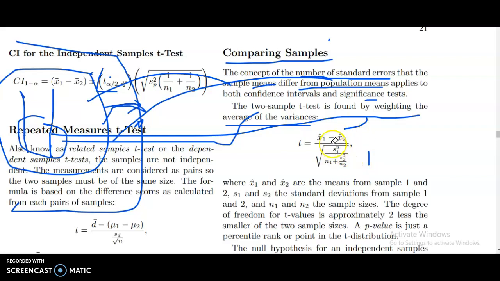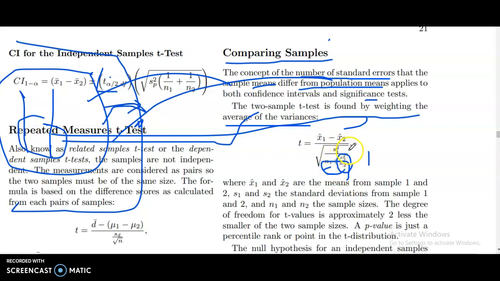Here the two sample means are subtracted. Then S1 squared over n1 is kept as it is, and the second sample's S2 squared is divided by n2, then added with this. Then the total of all of these is divided.